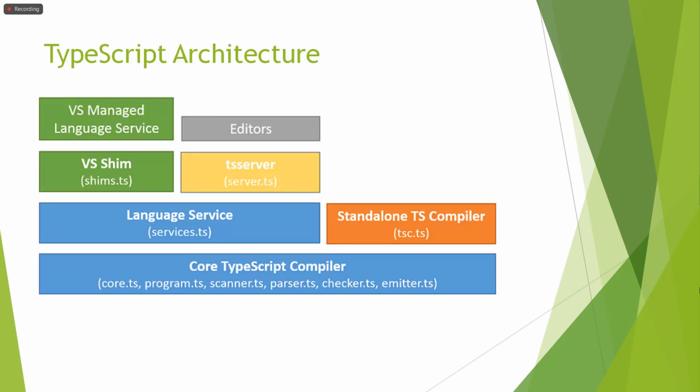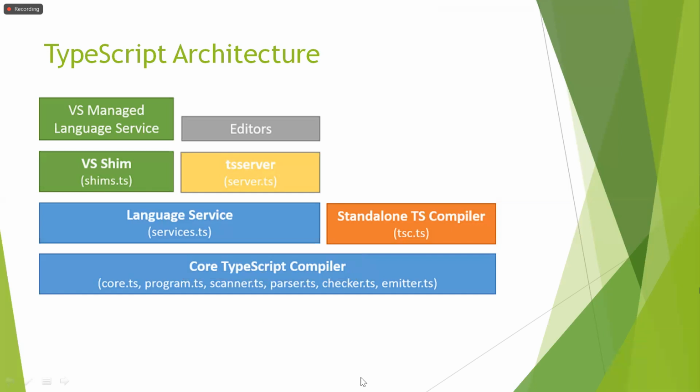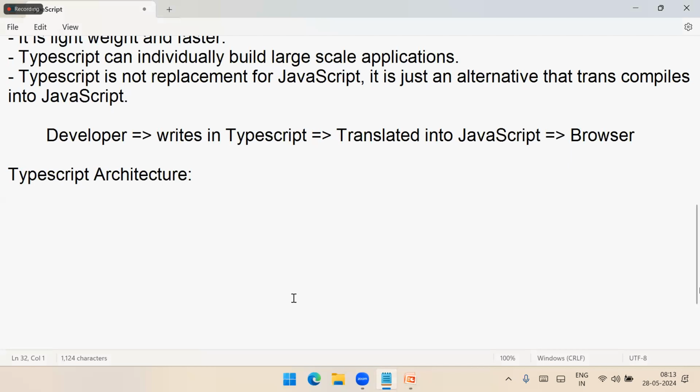So how is TypeScript built, what does it actually contain? Let's see the architecture of TypeScript. From the bottom, first you can see that TypeScript has a core compiler. What is this core compiler? So first in TypeScript, we have a TypeScript core compiler.